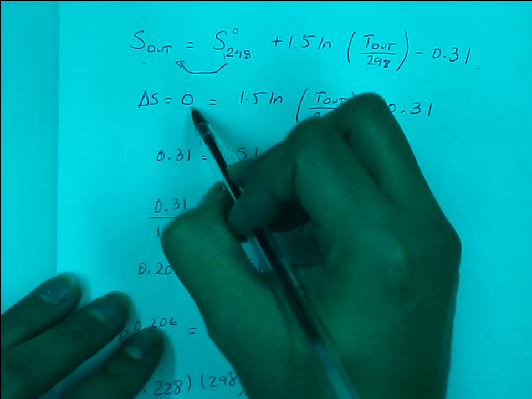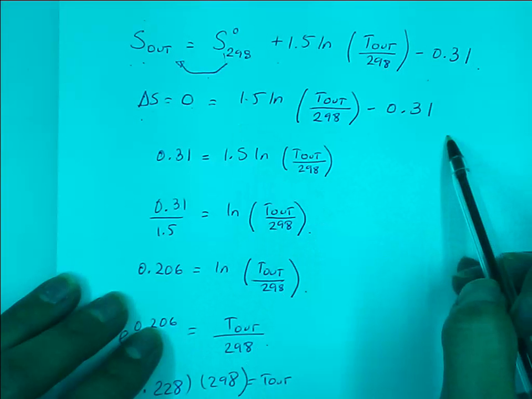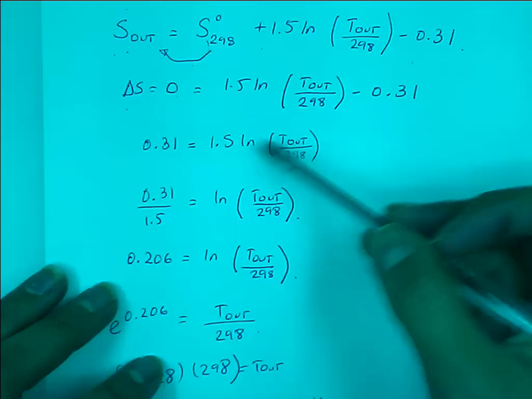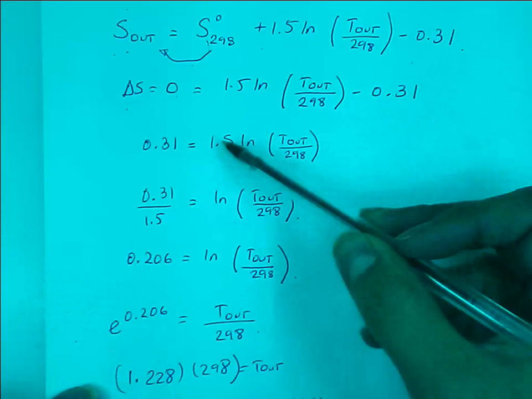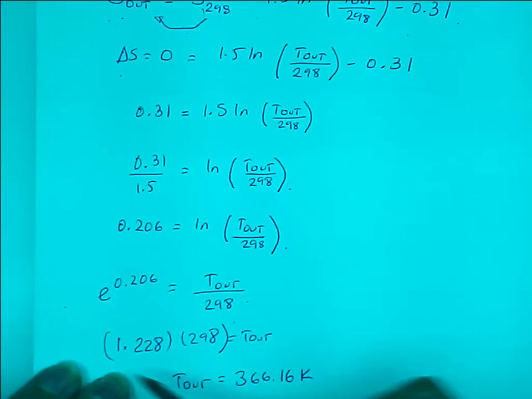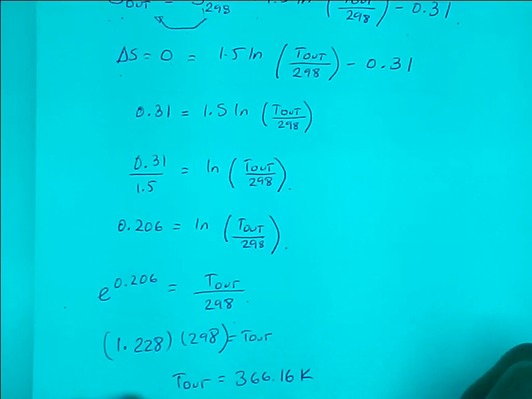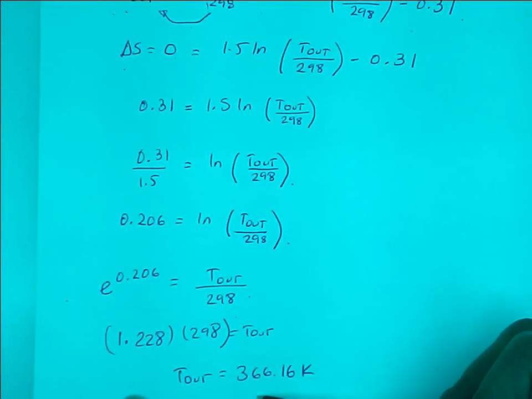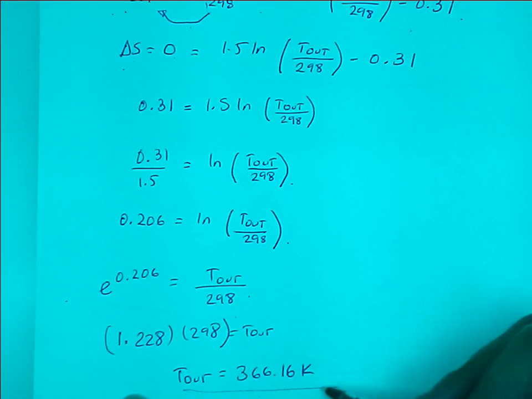Does that result make sense for this type of operation? Is this T out higher or lower than the temperature at the inlet? Higher. Does it make sense for a compressor for the temperature to be higher at the outlet? Yes, so therefore it's likely that it's correct.